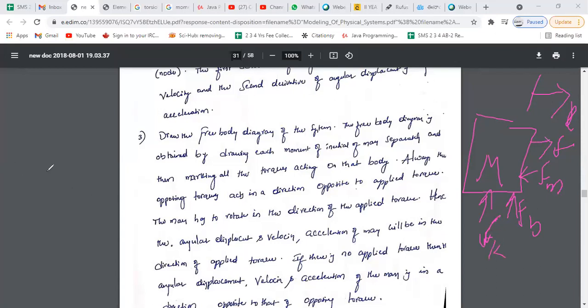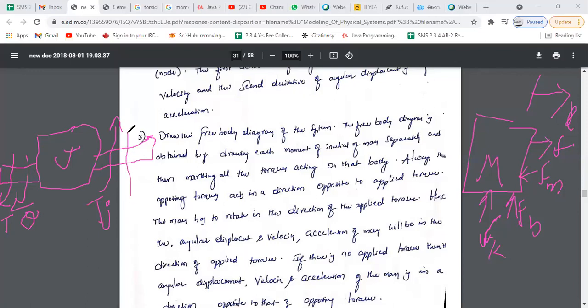Okay. Here also, in the rotational system, we have to mark all the torques, the opposing torques, and draw the free body diagram like this. First we draw a cylindrical rod. This is the applying torque tau, and the displacement is in the direction of the torque, theta. Now opposing torques. First, the opposing torque due to the moment of inertia of the body.